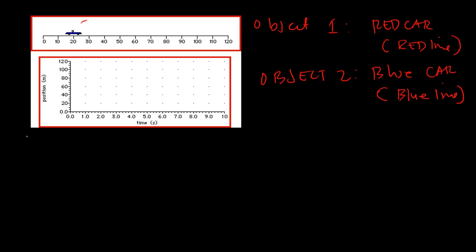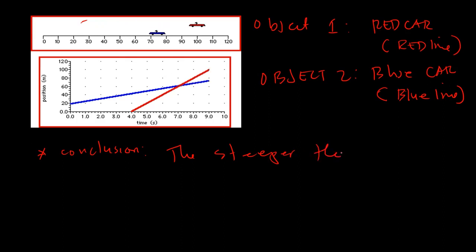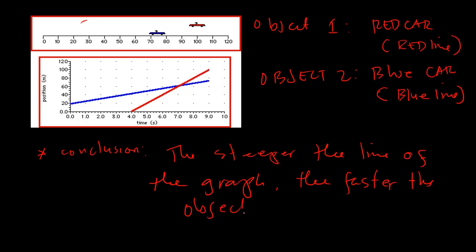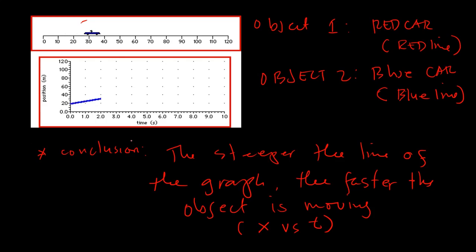Meaning to say, we can simply conclude, and we can write here, the conclusion is: the steeper the line of the graph, the faster the object is moving in terms of the x versus t graph. So that is the conclusion that can be taken from this diagram.